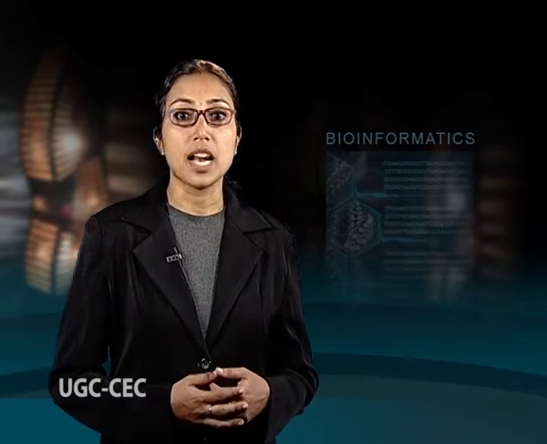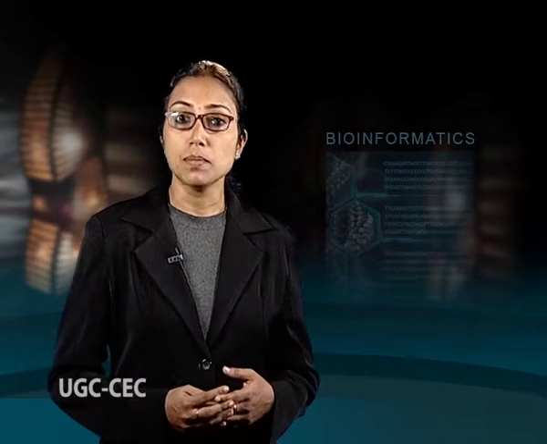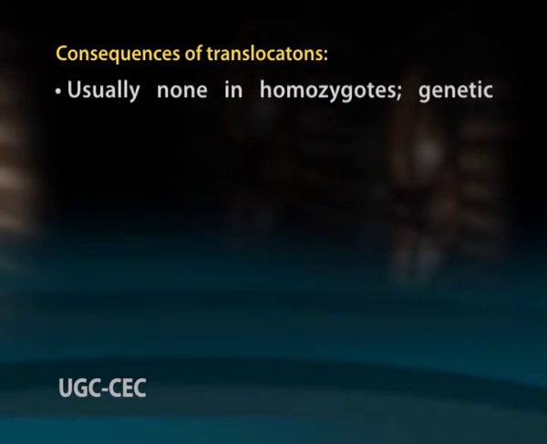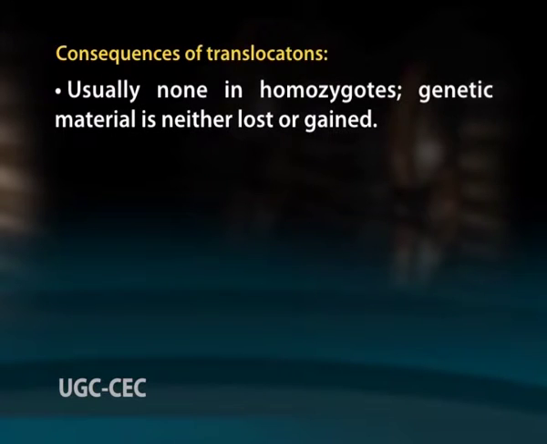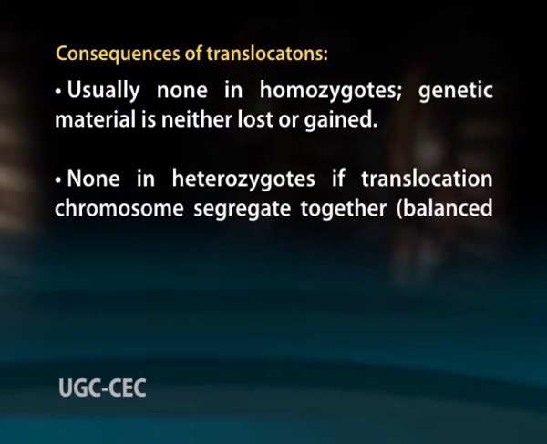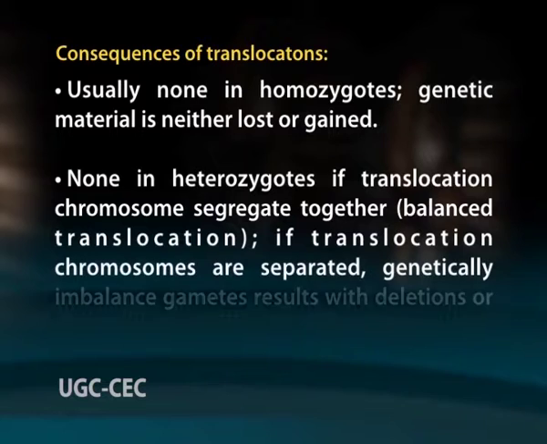The effects of translocation on chromosome segregation in meiosis depend on the nature of the translocation. The translocations can play an important role in the evolution of karyotypes. Consequences of translocations: usually none in homozygotes. Genetic material is neither lost nor gained.